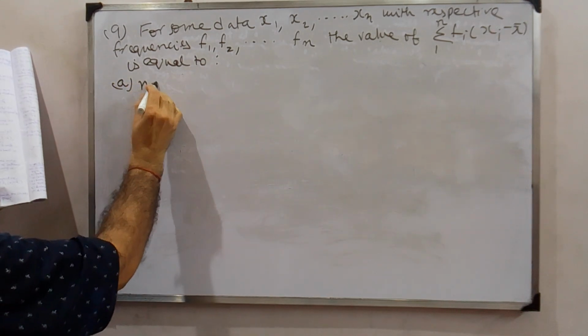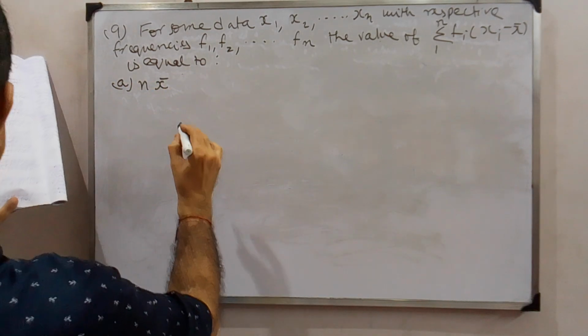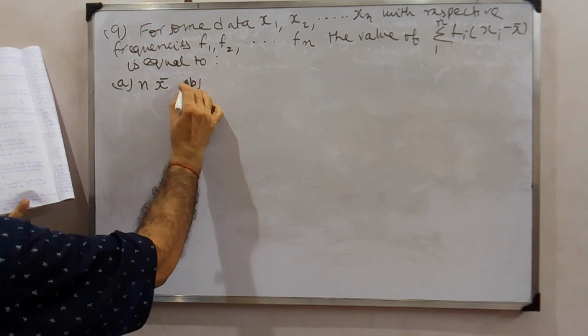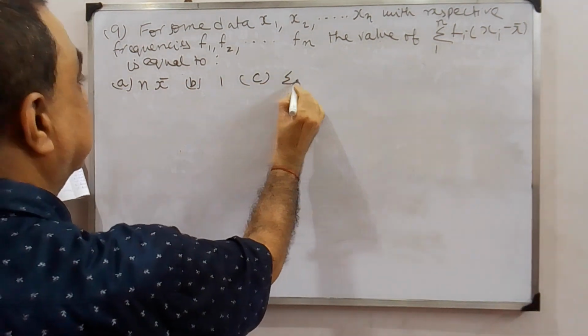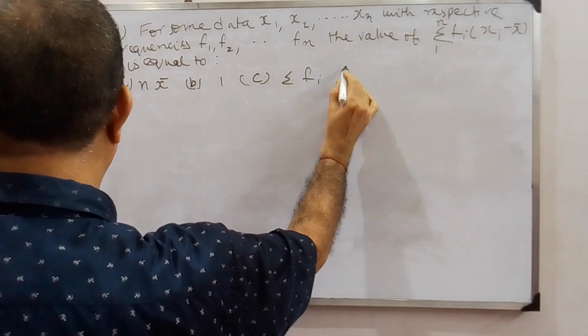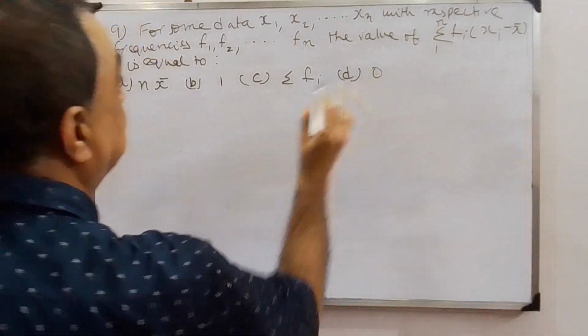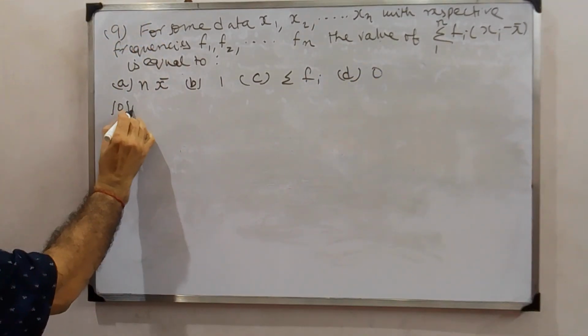A is x dash, which means the mean of the given numbers, B is 1, C is summation fi, and D is 0. So see how we will do this sum.